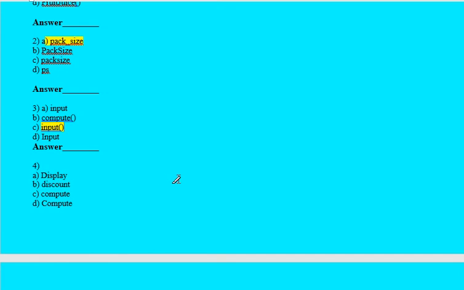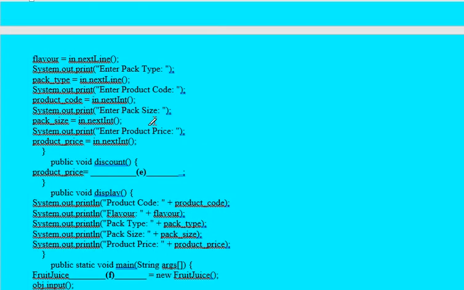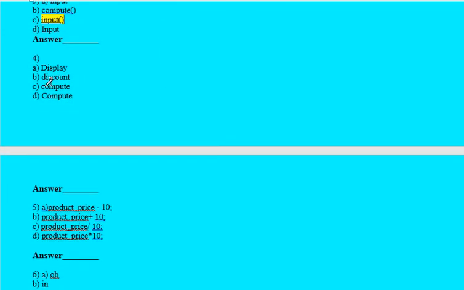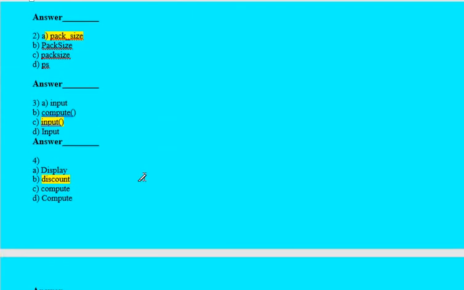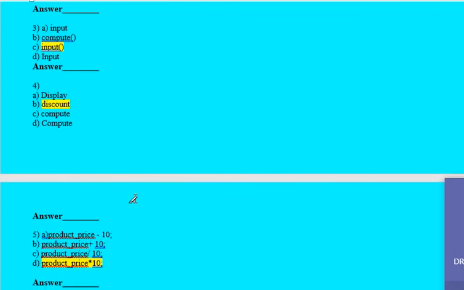And last one will be, here they've asked I have to give discount. The answer will be product price equal to product price. And just check what is the object created in the program, OBJ.